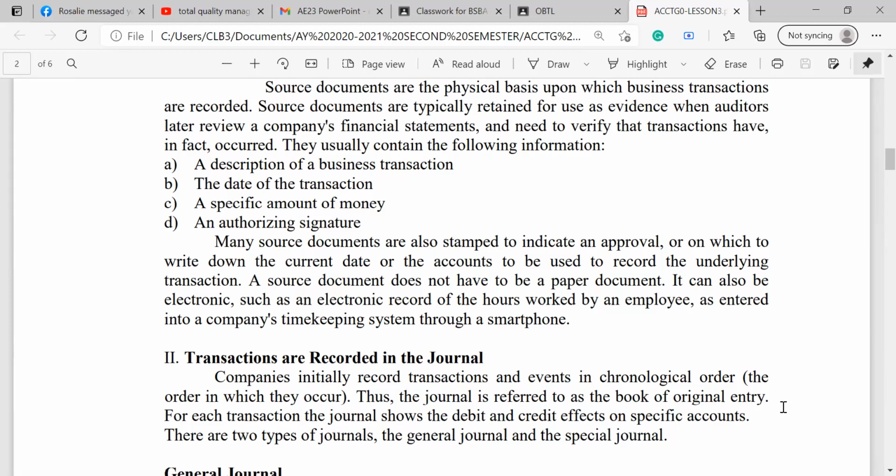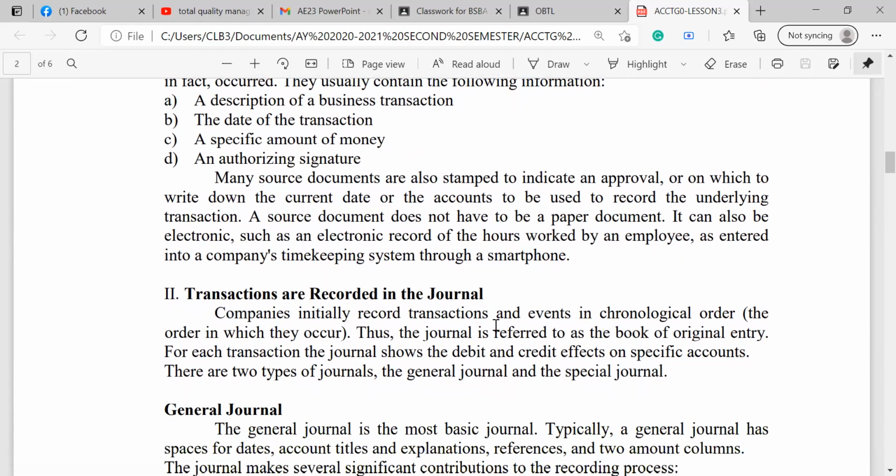So sa journal unang inire-record yung transaction. That's why original entry ang tawag sa book of original entry siya. Okay? So sa journal po doon natin gagamitin yung debit and credit. Okay?